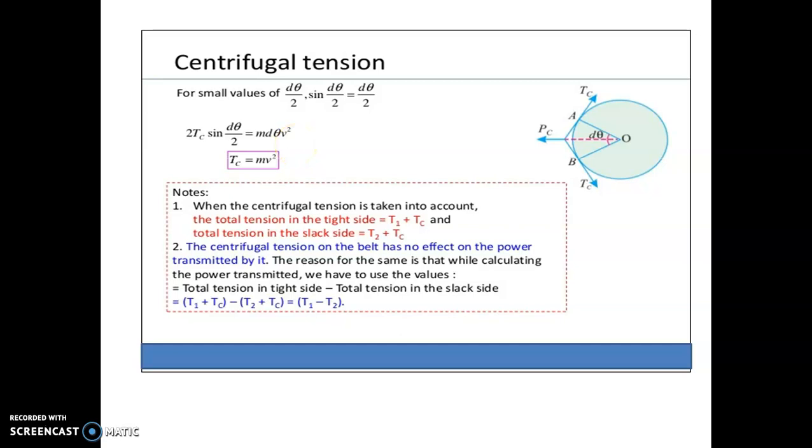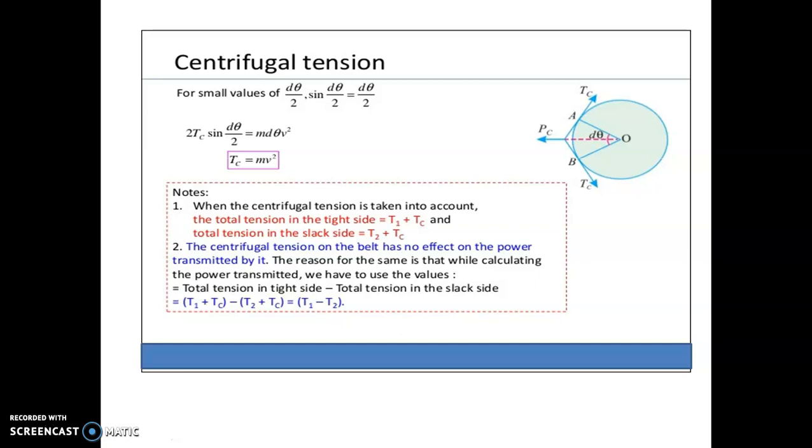So r cancels out and it remains m v² into dθ. Putting the value of sin(dθ/2) equal to dθ/2, this 2 will cancel out, so Tc is equal to mv². That is, the centrifugal tension is equal to mv².